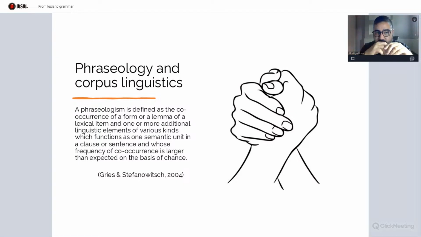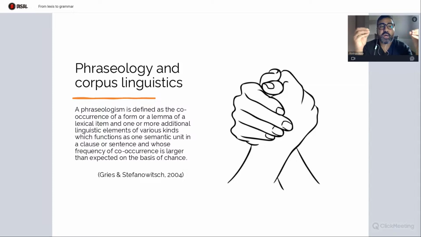They say a phraseologism is defined as the co-occurrence of a form or a lemma, I will explain, of a lexical item and one or more additional linguistic elements of various kinds, which functions as one semantic unit in a clause or sentence and whose frequency of co-occurrence is larger than expected on the basis of chance.